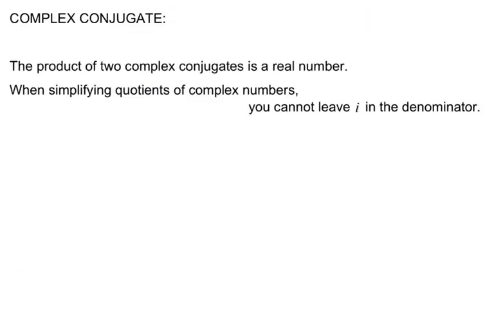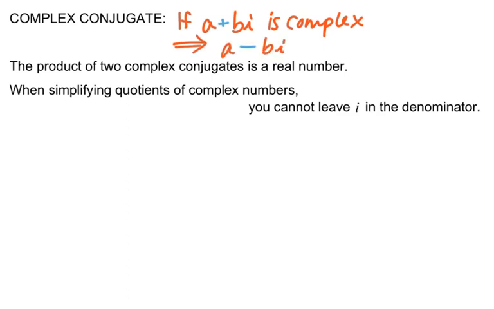Factors that are formed like that, where just the sign separating the two numbers in each factor is different, are called conjugates. And you think about multiplying a difference of squares. What we can say here is if a plus bi is complex, then a minus bi is its conjugate.